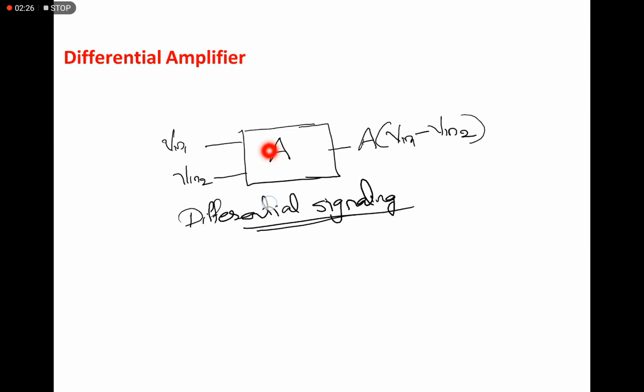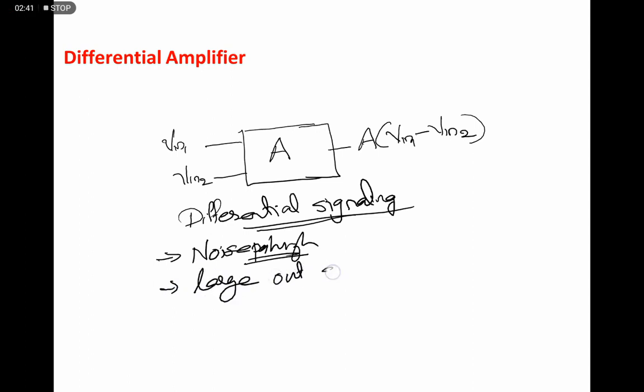Due to this differential signaling itself, this amplifier has so many advantages. Its noise immunity is high, noise performance is high, and it has a large output swing, and due to the MOSFET implementation, large input impedance, and it can tolerate power supply variation.